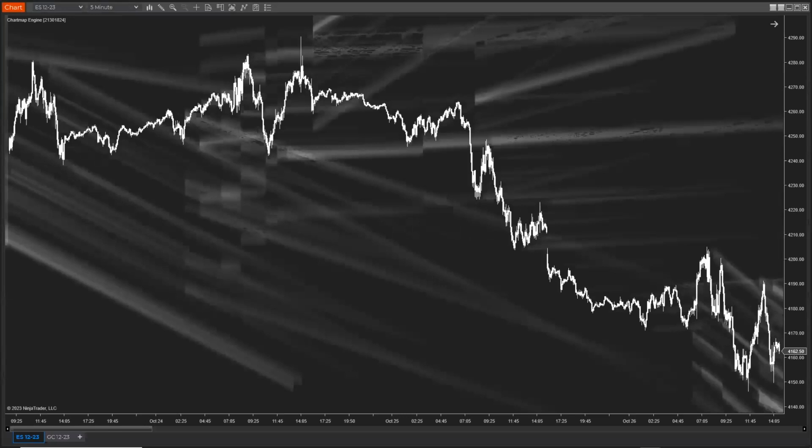So you should be able to see another ES 5-minute chart. Welcome to Chartmap. There's a lot of color. Yeah, not color because it's all white. There's a lot of clutter, I'll say.